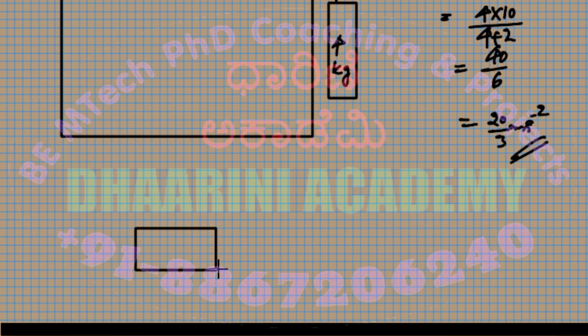Say this is the 4 kg body, and I can see that there is a tension which pulls it upwards, and there is its own weight. Weight is 4 into 10, so that is 40. And there is an acceleration, and I know that acceleration is this way. So what is the equation? You can do it any way. You can take upwards positive, that is T minus 40 is equal to mass into acceleration.